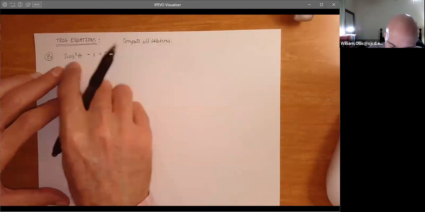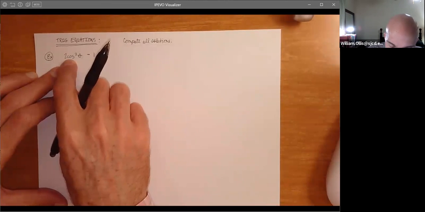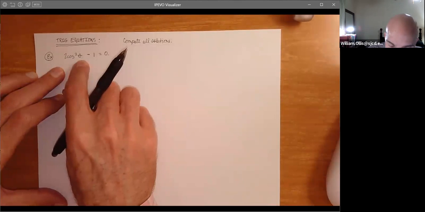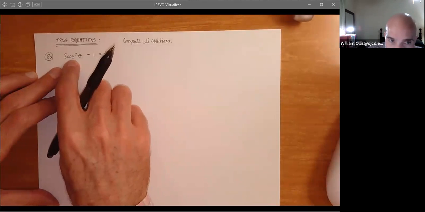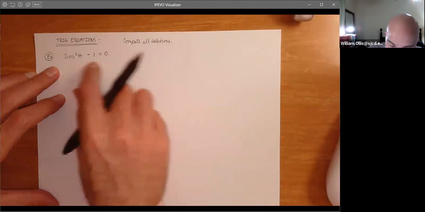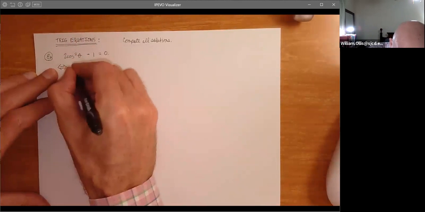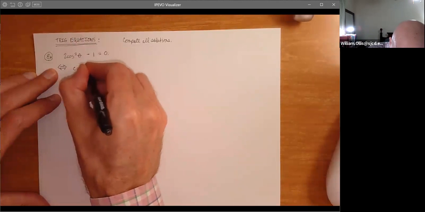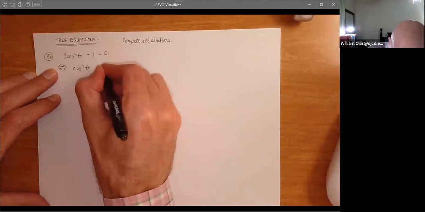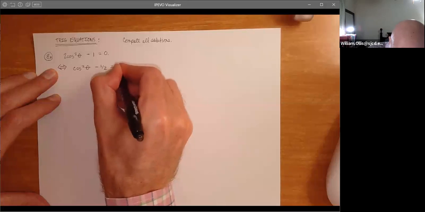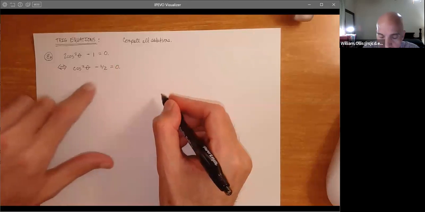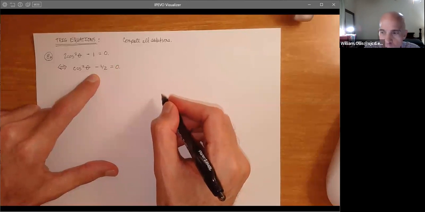We're just going to go ahead and factor this as a difference of squares. First, we want something monic, so let's divide everything through by 2, just to make it simple. So we'll have cosine squared theta minus 1/2, and of course 0 divided by 2 is 0. I'm thinking of looking at this as a difference of two squares.